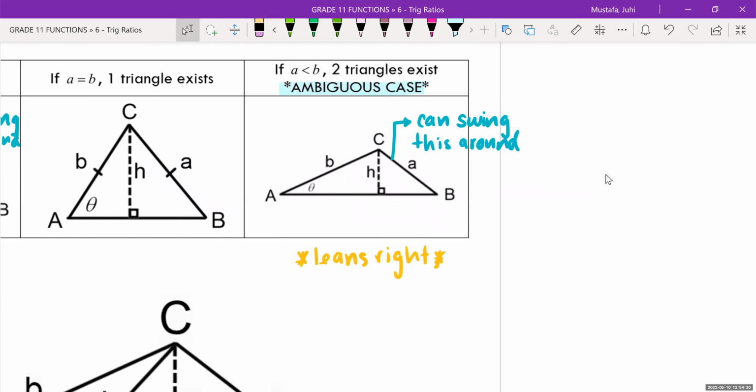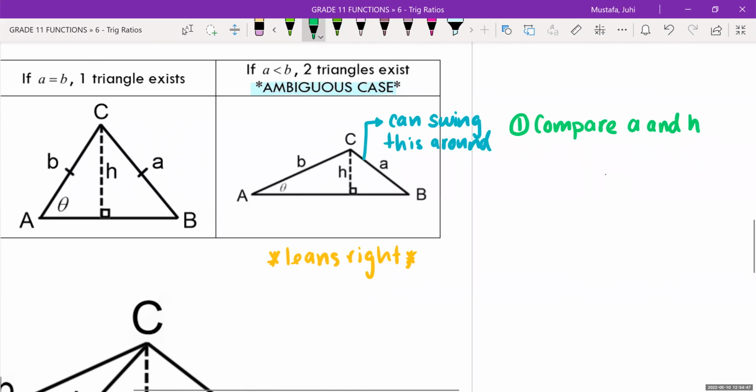Sure, yeah. If I were to list the steps, what I would first do is, after I've calculated H, I would compare my A value and my H value. First of all, I would check to see if it's an acute triangle.